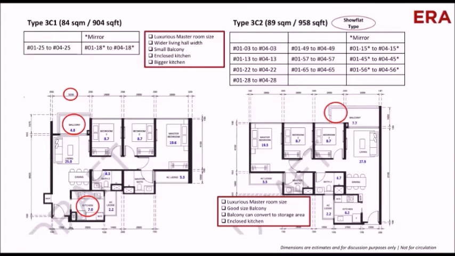Your living dining is 27.9 square meters, very good size. Down here the master room size is again huge, 19.3, and you have a slightly bigger corridor space for the master room over here. Balcony is about 7.7, extremely good size as well, and easily converted to your storage area.